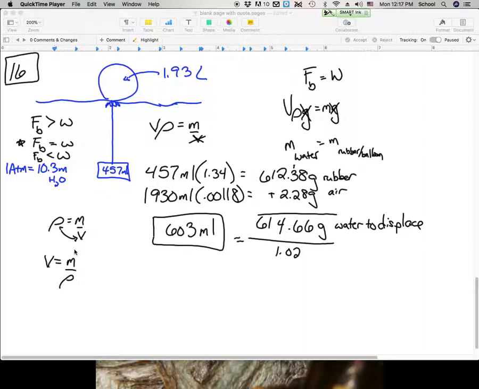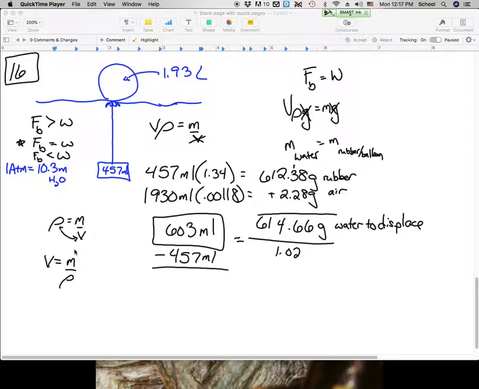Now, which of these two volumes are not going to change, the balloon's or the rubber's? The rubber is not going to change. The balloon's going to be able to be compressed, but the rubber's not. So if we subtract out the 457 milliliters that's already the rubber, then we'll figure out how much is left for the air.